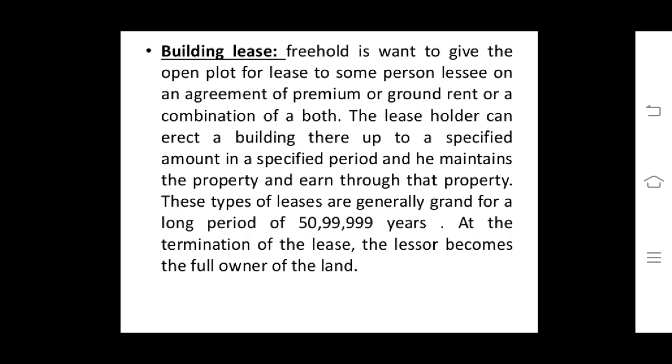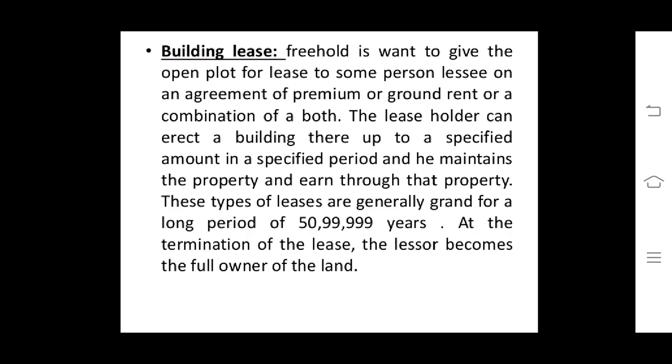The leaseholder can erect the building there up to a specified amount in the specified period, and he maintains the property and earns through that property. These types of lease are generally granted for a long period, that is for 50 years, 90 years, or 999 years.